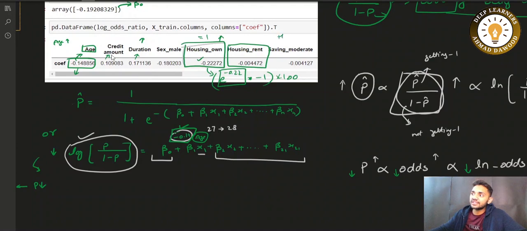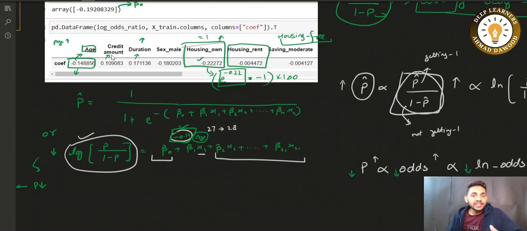Okay, so here you can see housing is equal to free can be used as a reference. Okay, it means 0.22 is the change from housing free to housing own. Previously, let's say a customer has a free house.